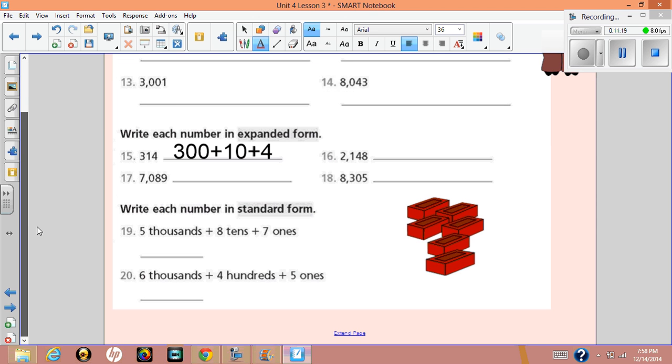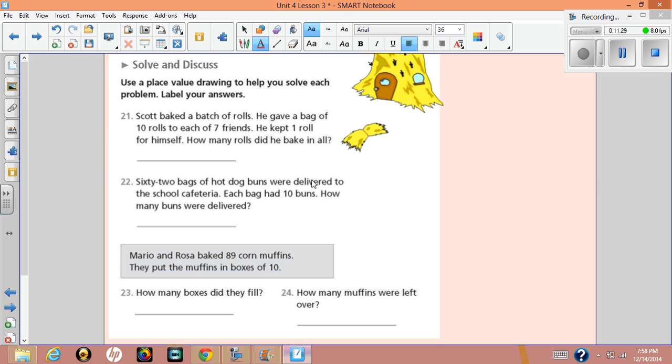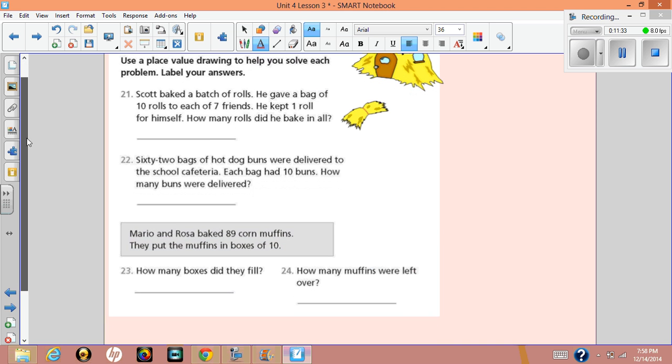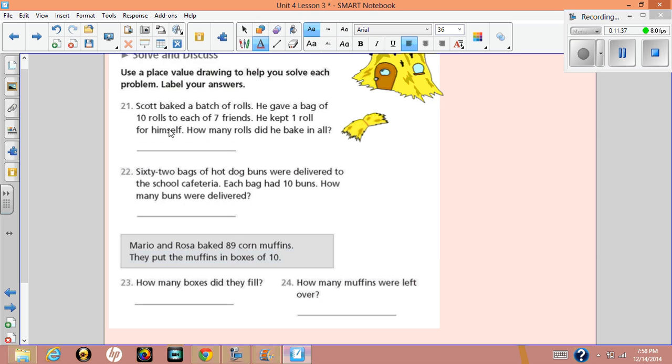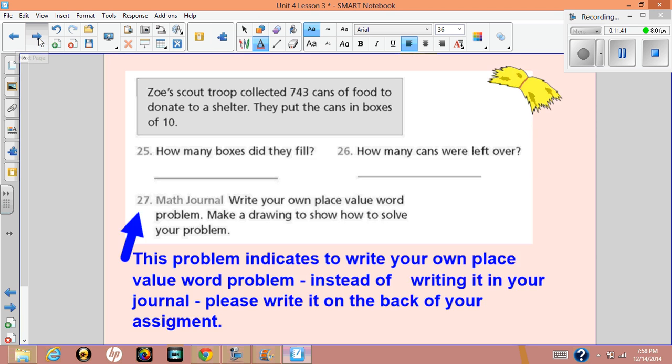In the sentences below, you'll be taking the expanded form and writing it in standard form. You will also have the opportunity to solve some word problems with place value drawings. Reading the instructions and follow through.